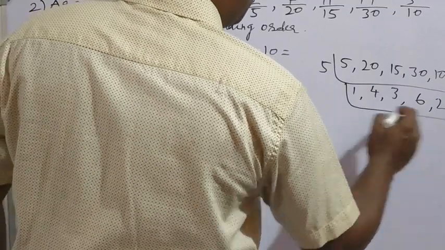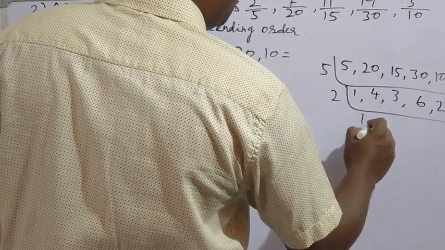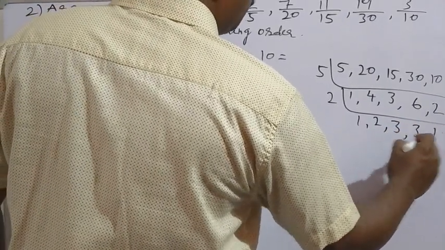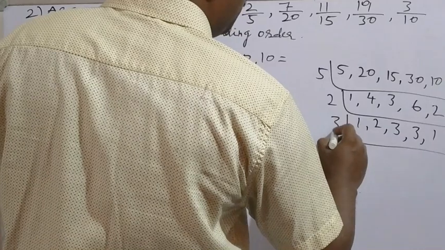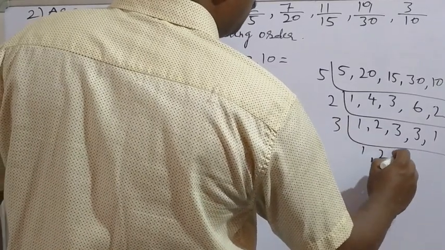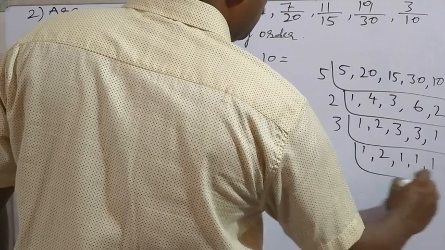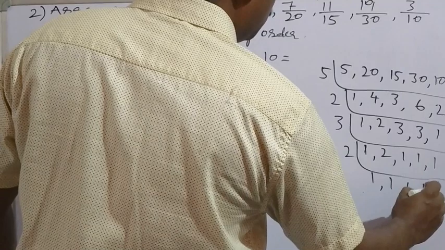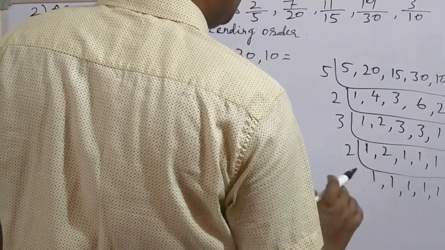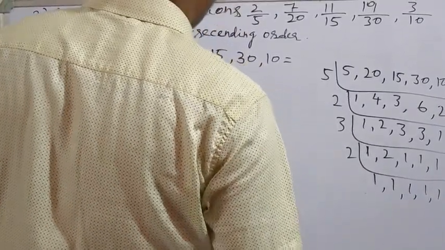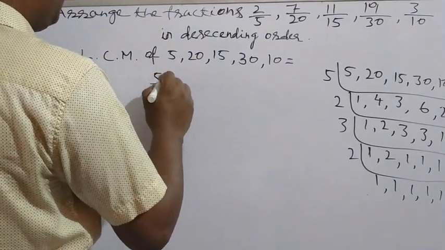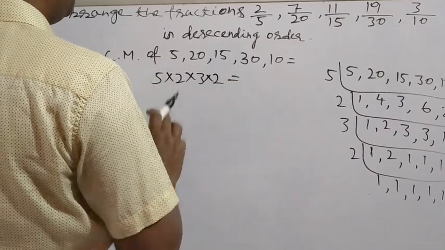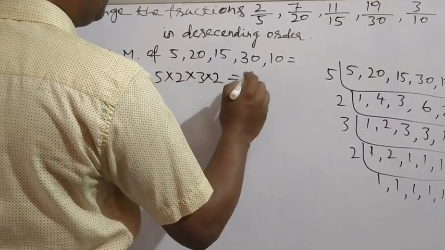Then again it is divisible by 2: 1, 2, 3, not divisible, keep it 3, 1. Again it is divisible by 3: 1, 2, 1, 1, 1. Last, only 2 is left, so you divide: 1, 1, 1, 1, 1. So last you should get all 1. So the LCM is 5 into 2 into 3 into 2. 5 into 2 is 10, into 3 is 30, into 2 is 60.